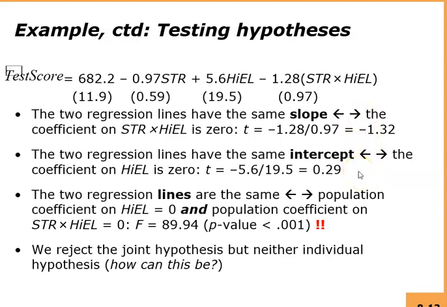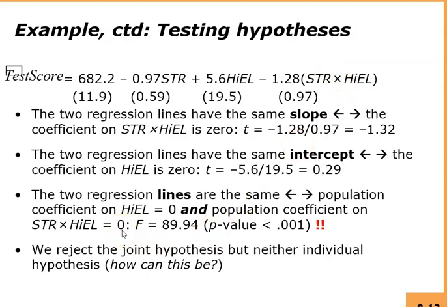What you can also do is test the null hypothesis that the two regression lines are the same. In this scenario, you are doing a joint hypothesis test that the coefficient of high EL and the coefficient of this interaction term, STR multiplied by high EL, are jointly equal to 0.